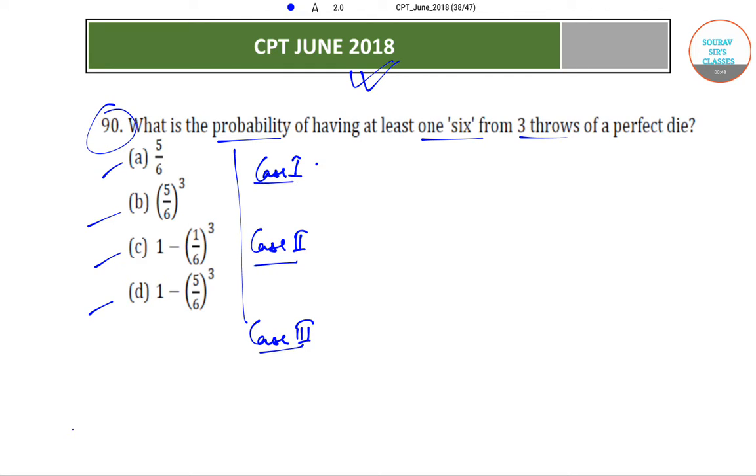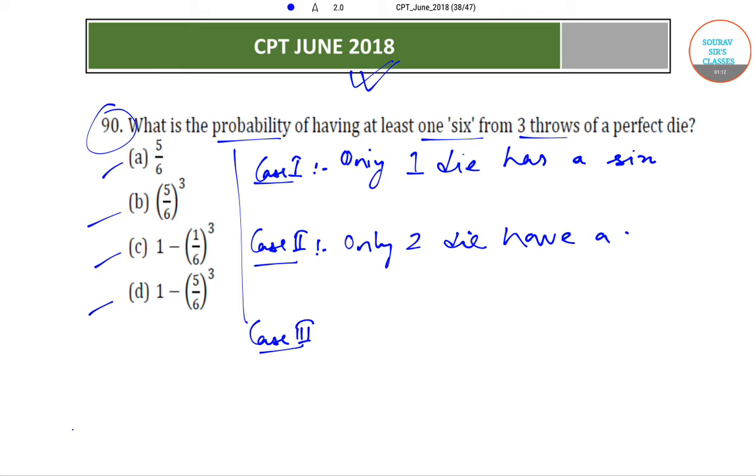Case 1 is basically that only one die has a 6. The second case is that only 2 dies have a 6, and case 3 is that all 3 dies have a 6.